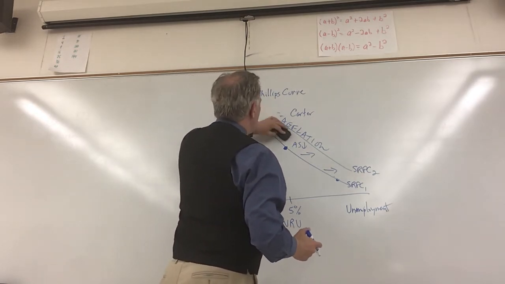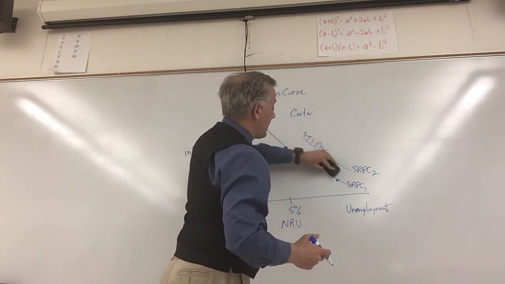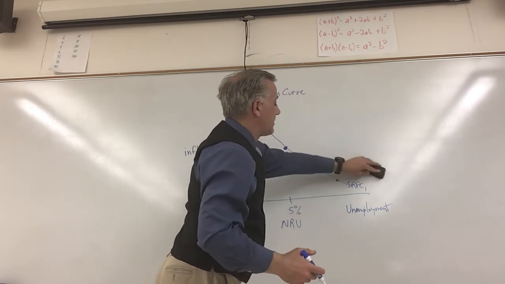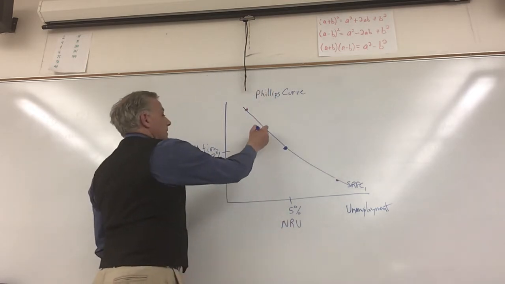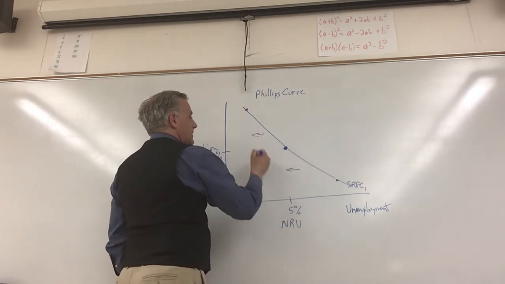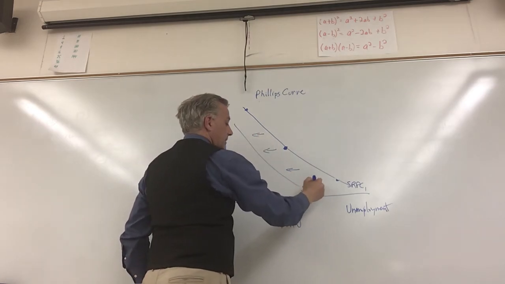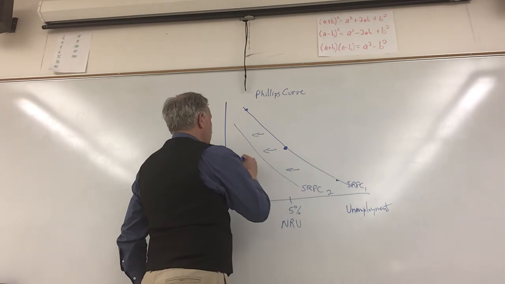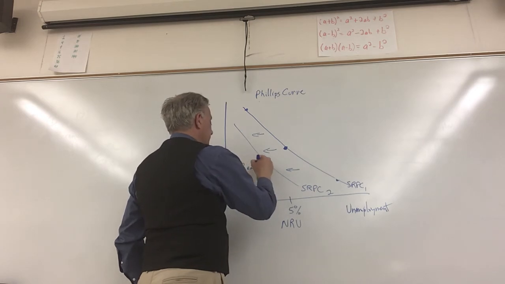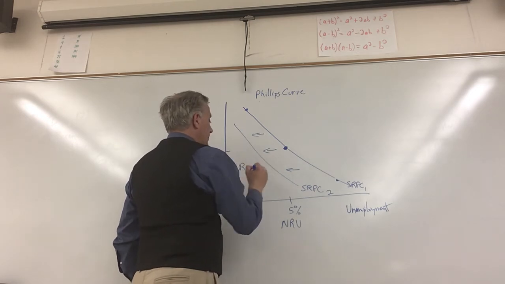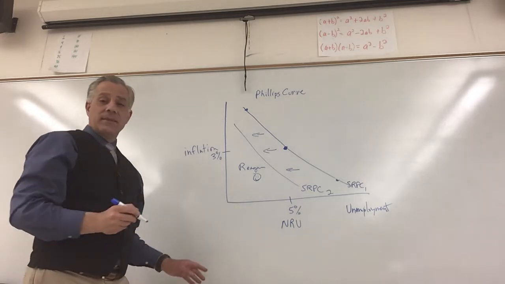So what we want is an increase in aggregate supply through less regulation, more technology, etc. And an increase in aggregate supply is going to shift us this way into happy Ronald Reagan land over here, where we have low inflation, low unemployment.